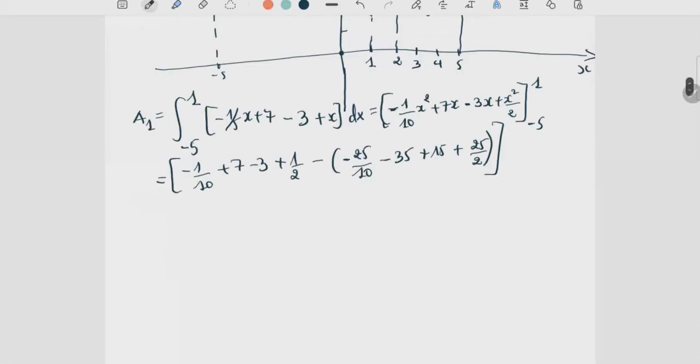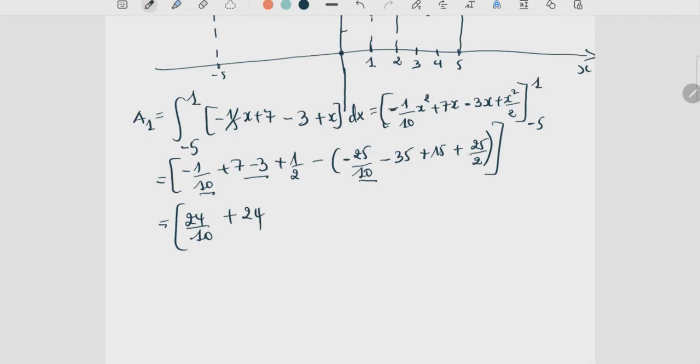Right, so let's evaluate that. Let's work with the tens together. So that would be negative 1 over 10 plus 25 over 10, which is 24 over 10. And then 7 minus 3 is 4. And negative 35 plus 15 is negative 20. So negative 20 is plus, so that would be plus 24.